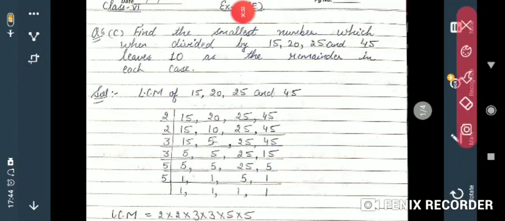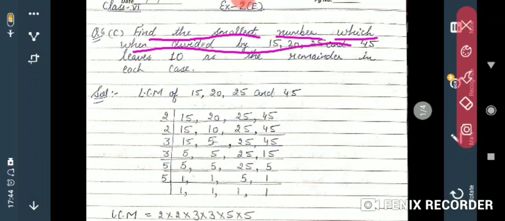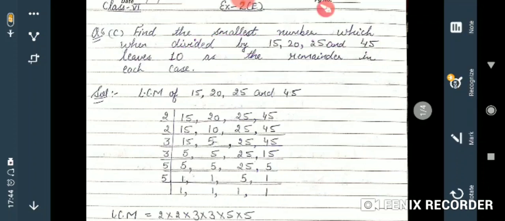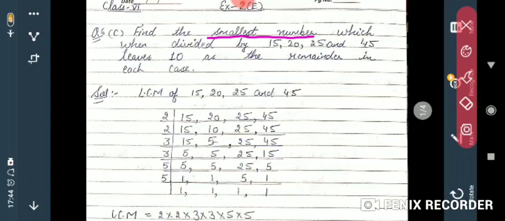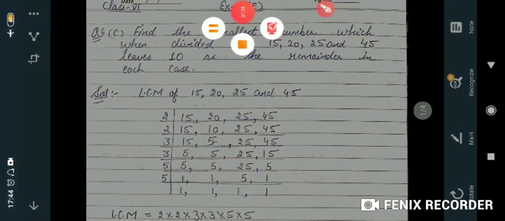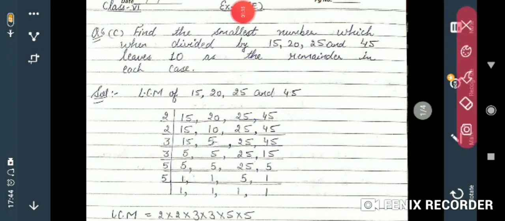So the question is, find the smallest number which when divided by 15, 20, 25 and 45 leaves 10 as a remainder in each case. So here you have to find what? The smallest number.